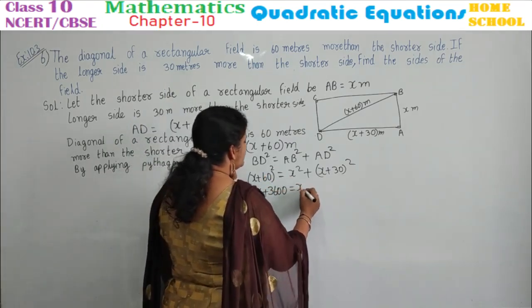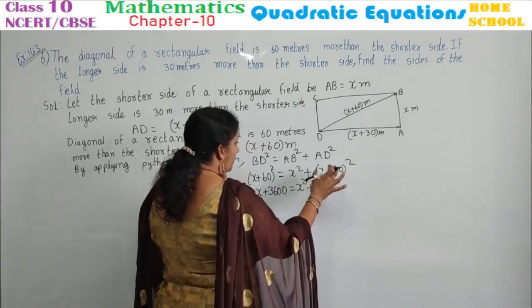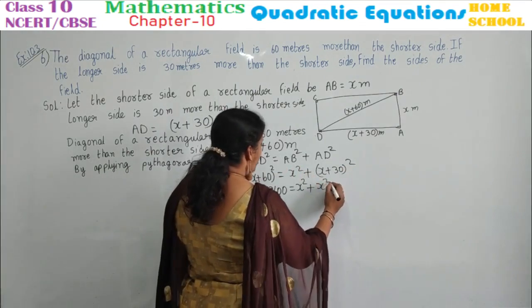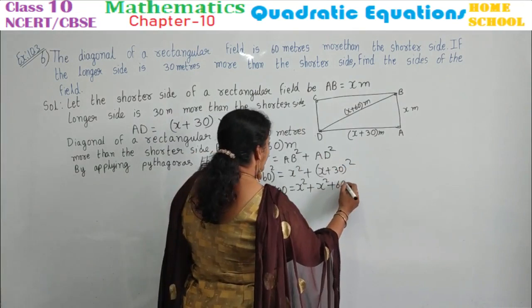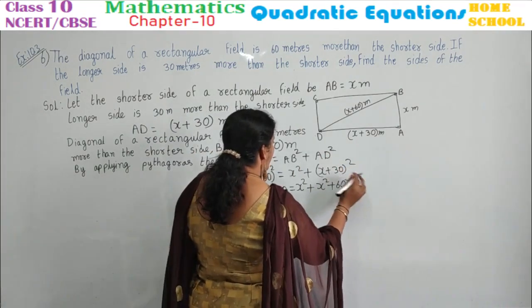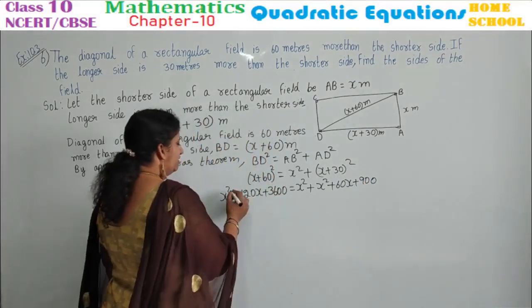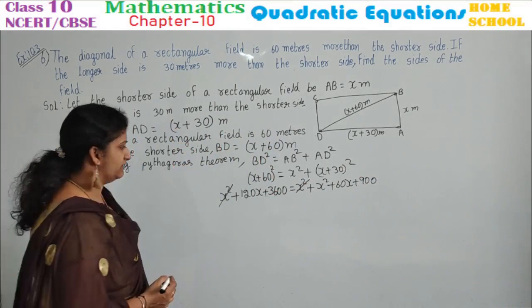3600 is equal to x square plus, again you can apply the a plus b whole square formula. That is x square plus 2ab, 60x, plus b square, 30 square is 900. x square, 1x square is cancelled.